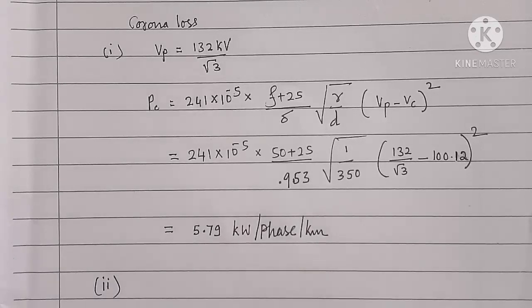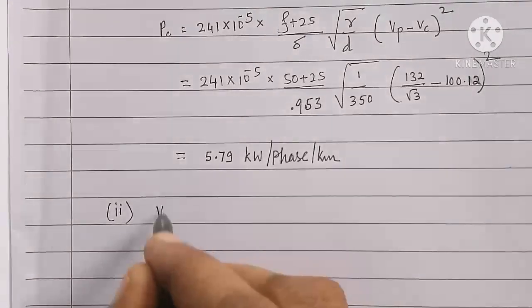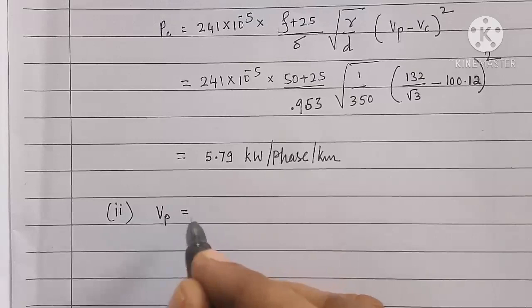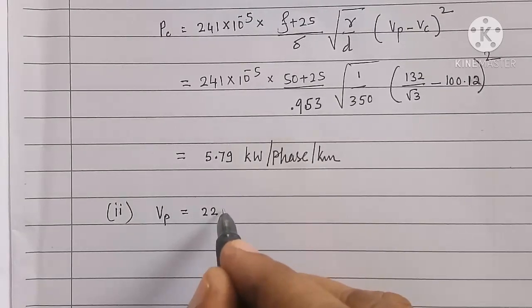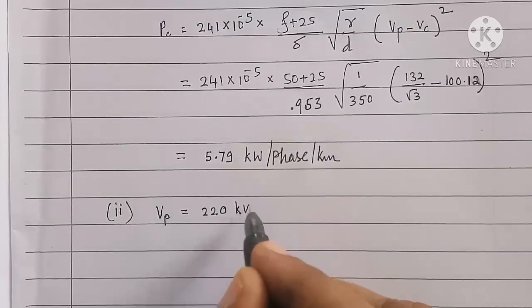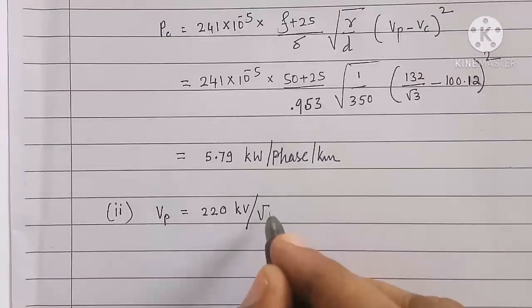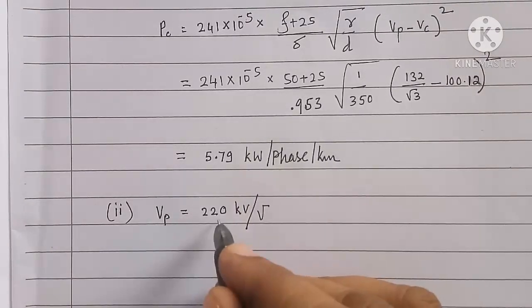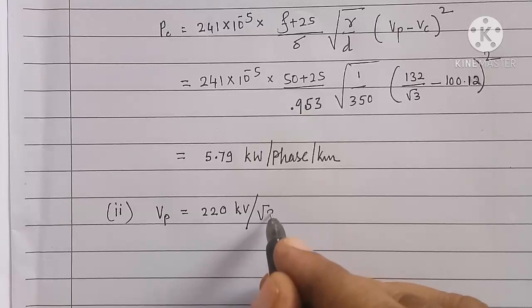Second one, Vp equal to 220 kilovolt by root 3.